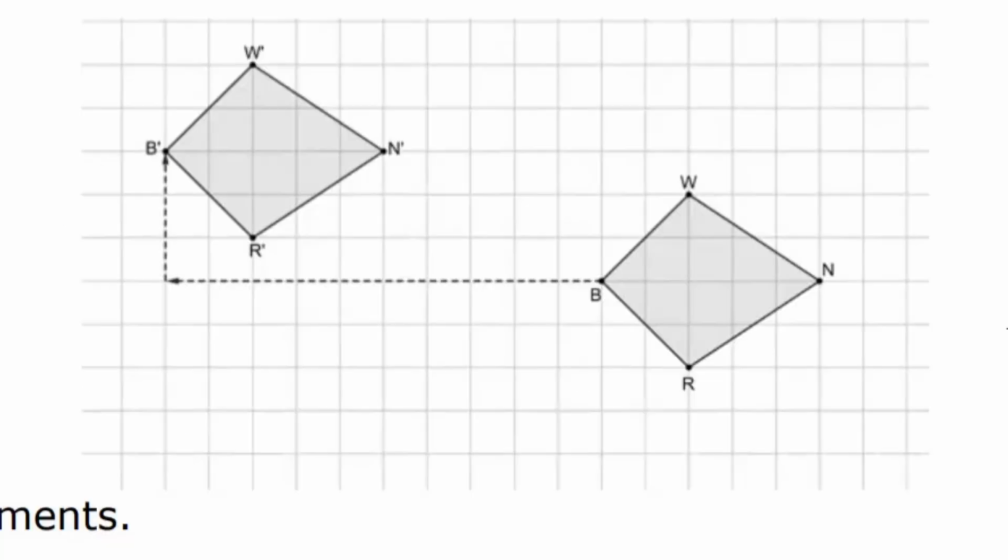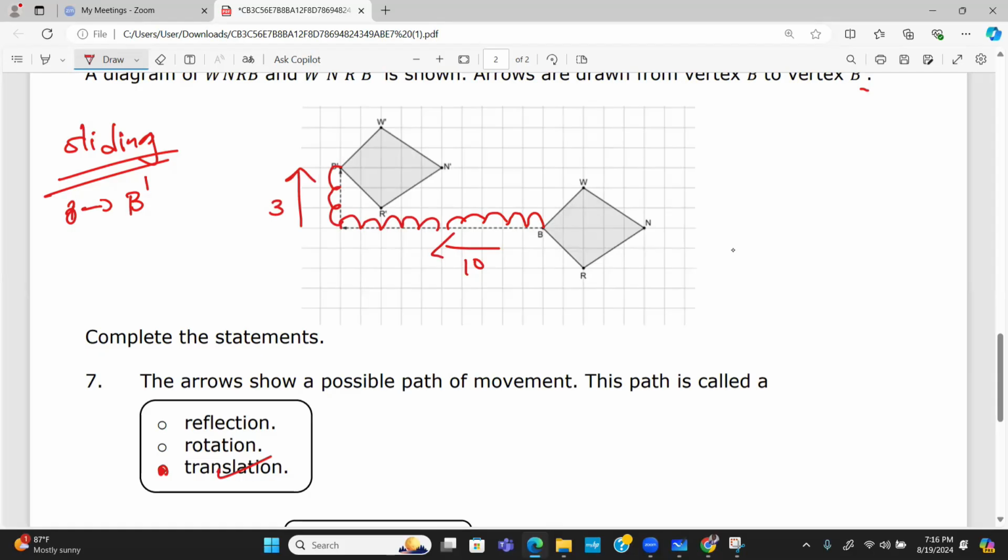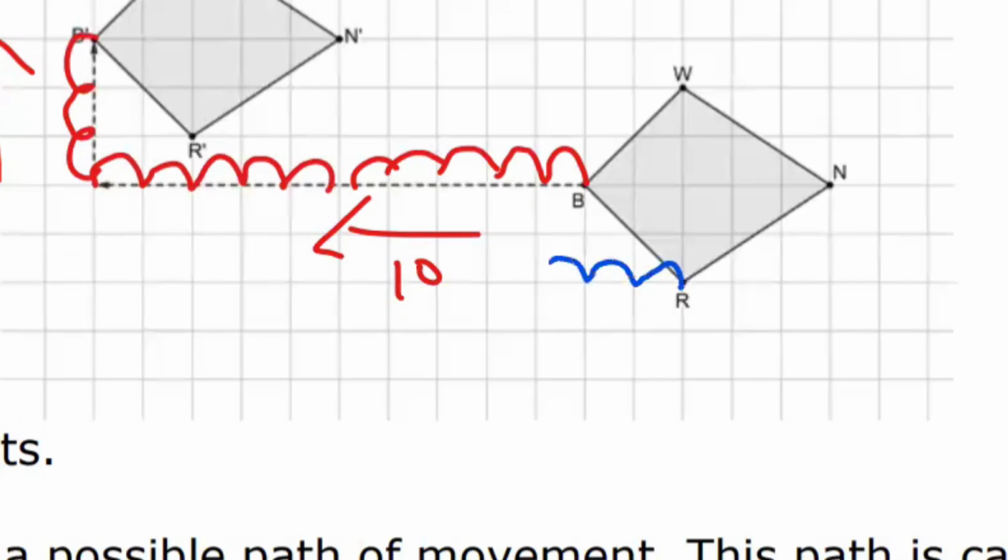Look what took place. We had a movement of 1, 2, 3, 4, 5, 6, 7, 8, 9, 10 to the left, and then 1, 2, 3 up. So from B to B prime, you move 10 to the left, 3 up. Let us take a look at moving from R to R prime. 1, 2, 3, 4, 5, 6, 7, 8, 9, 10, 1, 2, 3.